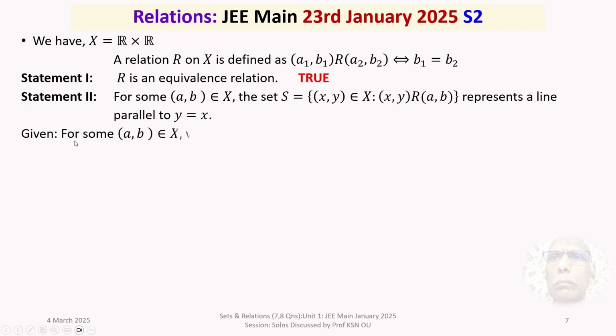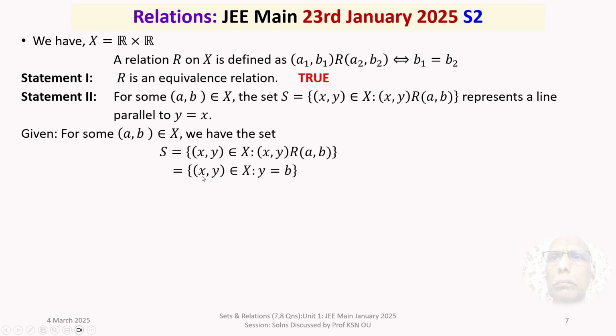Now given for some (A, B) ordered pair belonging to X, we have the set S equal to the set of all ordered pairs (x, y) belonging to capital X, satisfying (x, y) related to (A, B). Now use the definition. (x, y) related to (A, B) means the second components must be equal, y = b.